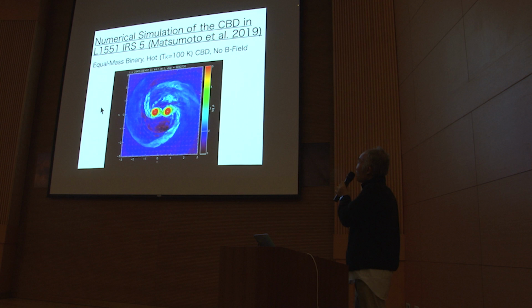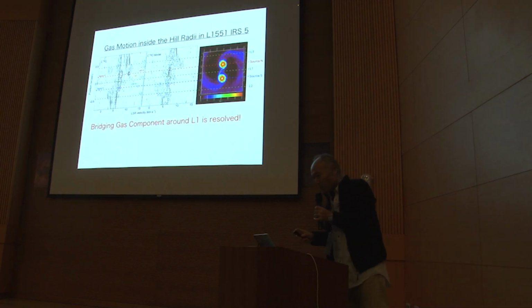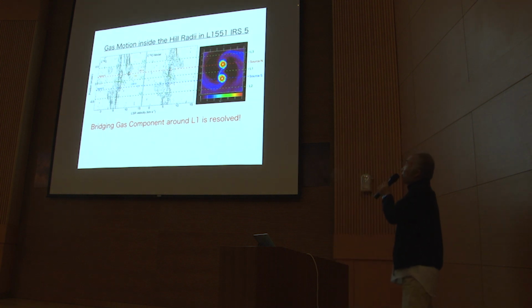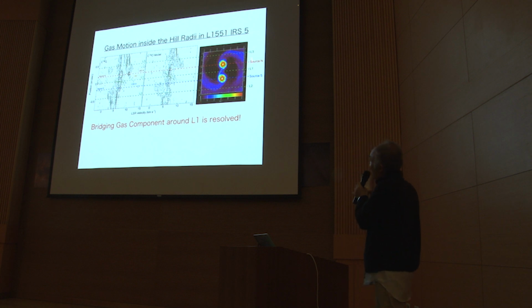But here I will talk about this part in between the two circumstellar disks, this connecting part: gas motion inside the circumbinary disk in L1551 IRS5. This right panel shows our numerical simulation, with two circumstellar disks and some bridge feature here.